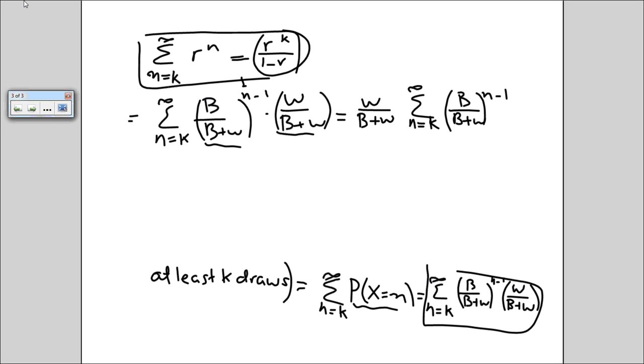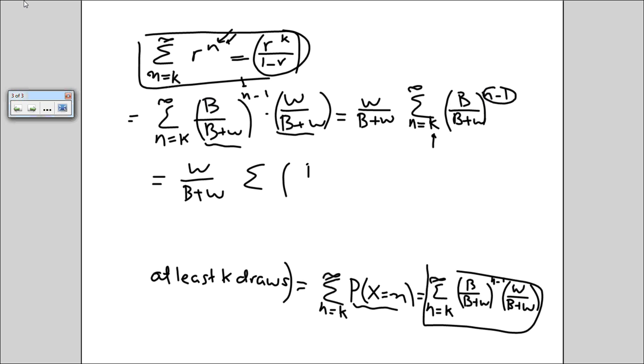Okay. Now, our formula says that we start at n. So, I really like to rewrite it. The power should just be n. Now, we start at k, so this will be k minus 1.